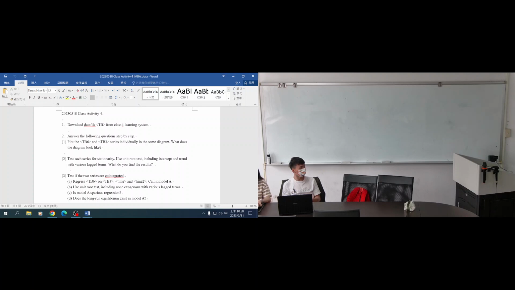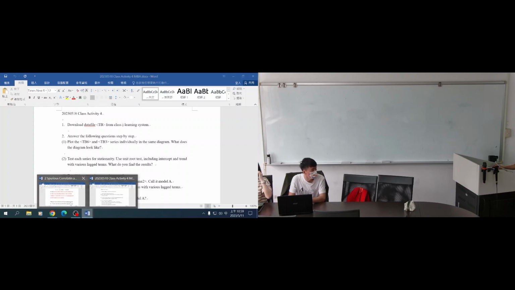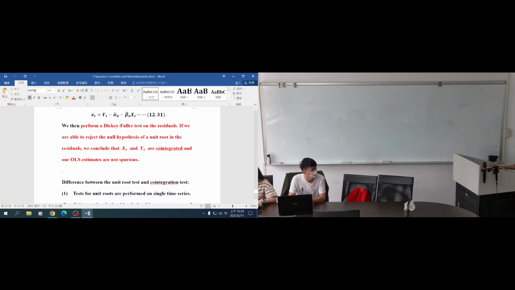Now up to here, this is called the co-integration test. And up to this part, this is called the unit root test. Let me go back to the concept here. If I ask you, what's the difference between the unit root test and the co-integration test?